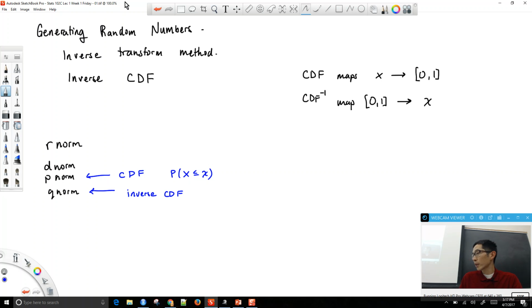Okay, so we don't get to appreciate how impressive the qnorm function is, because in our computer we've taken for granted that pnorm and qnorm exist, right? We use rnorm all the time, pnorm all the time, qnorm all the time, and because of that we lose a little bit of how impressive these things are.